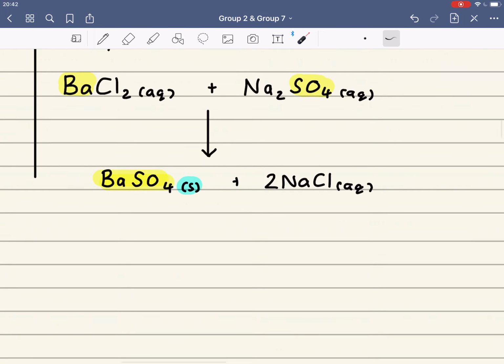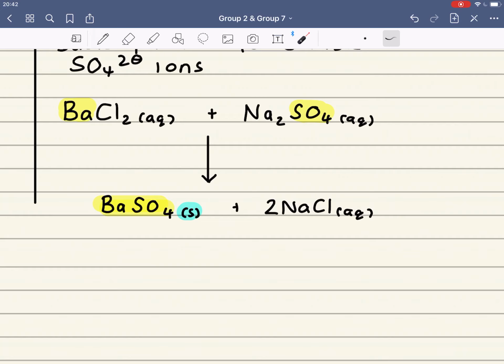Now, this is usually again written as an ionic equation because we've got chloride ions in solution here, sodium ions in solution there, and we've still got sodium and chloride ions in solution in my products. So again, in effect, these chloride and sodium ions cancel.